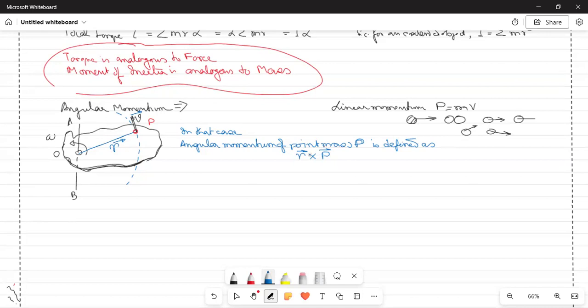Where p is the momentum. There are too many p's.